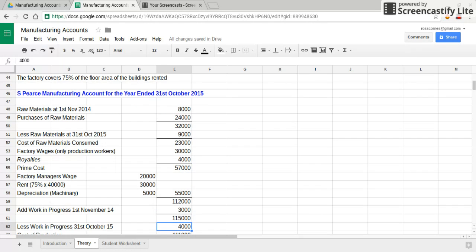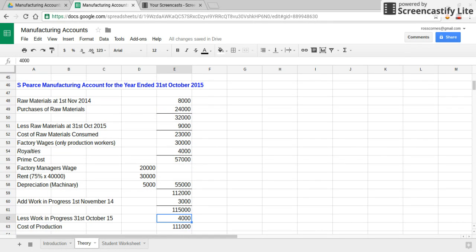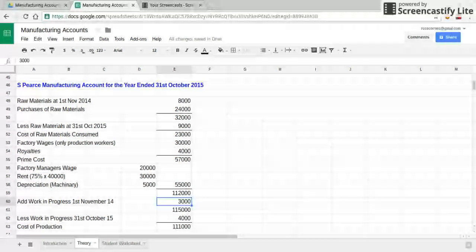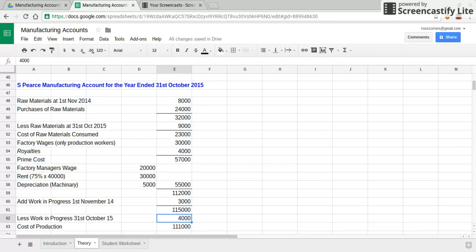But what we also do is we less the work in progress at the end of the year, because that $4,000, that will link to items sold next year, and therefore that $4,000 worth of cost isn't part of what we call the cost of production. So add opening work in progress, less closing work in progress. If you think about it, it's not that hard, because that's already what we're used to doing in our cost of sales calculation. We add our opening inventory, we less our closing inventory.